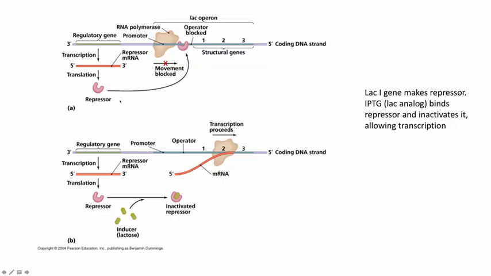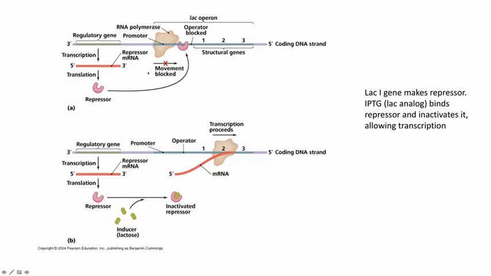Under normal circumstances, the repressor is binding to the operator and not allowing polymerase to function. Once you add a lac analog, in this case IPTG or lactose, it binds to the repressor and stops the repressor from binding to the operator.